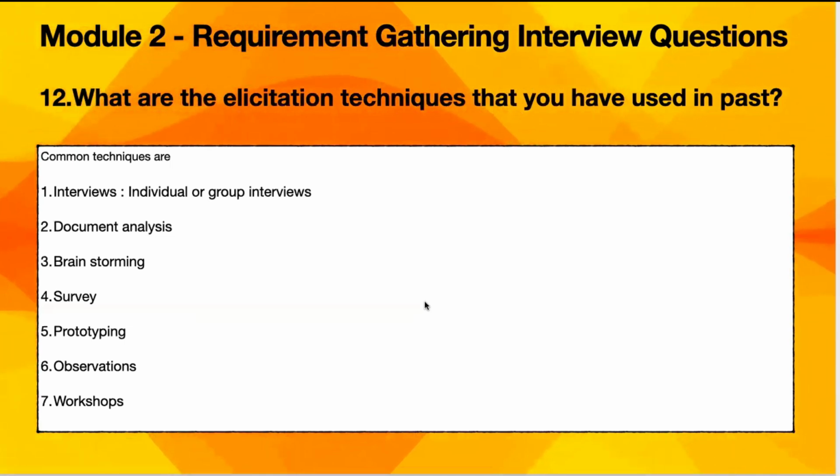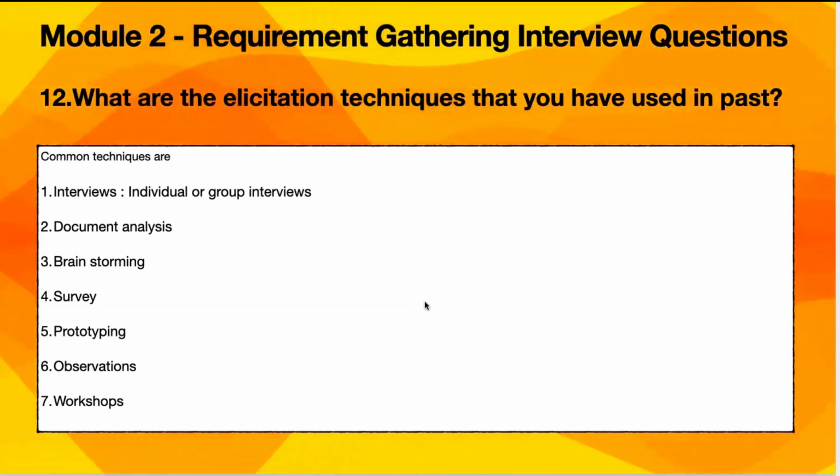Or it can be a group interview too. You are calling 3 to 4 essential stakeholders, and you have a set of predefined questions. These questions are not random. You have already defined them in a well documented way, and then you are asking them. So that is interview.